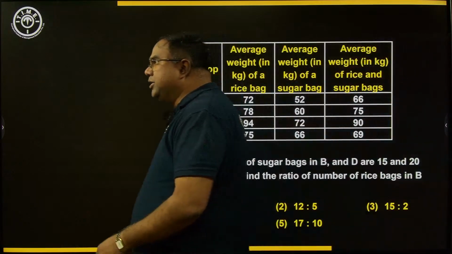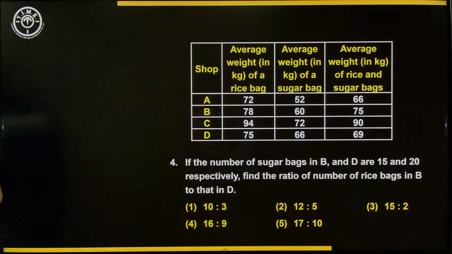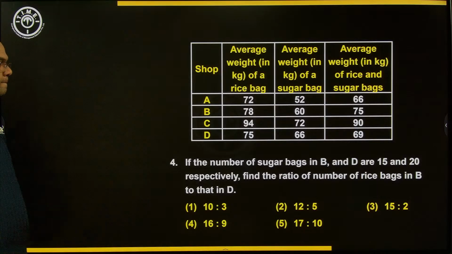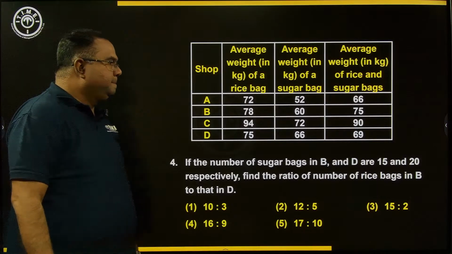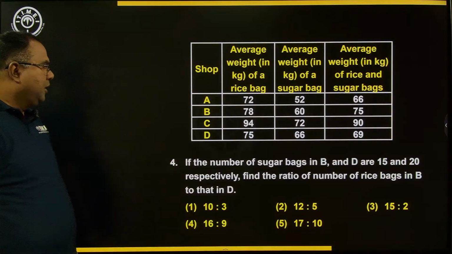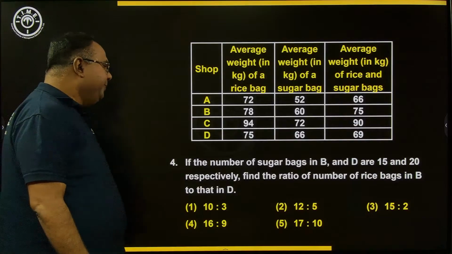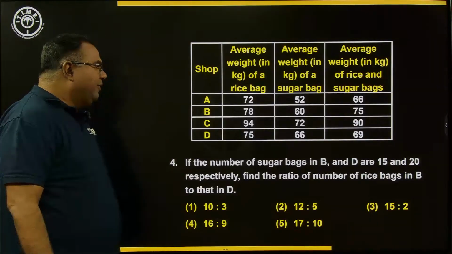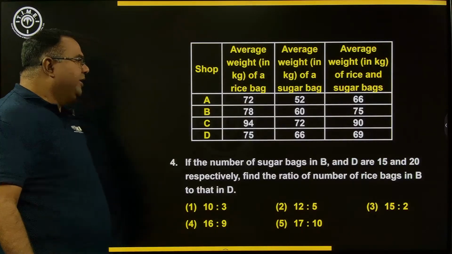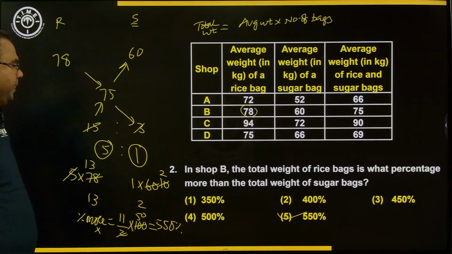Question number 4 on your screen. If the number of sugar bags in B and D are 15 and 20 respectively, find the ratio of the number of rice bags in B to that of D. B we have already done.